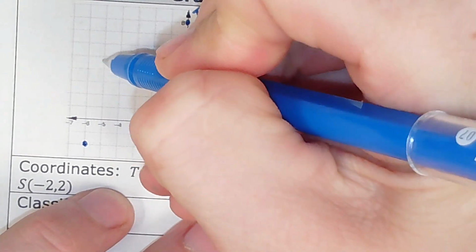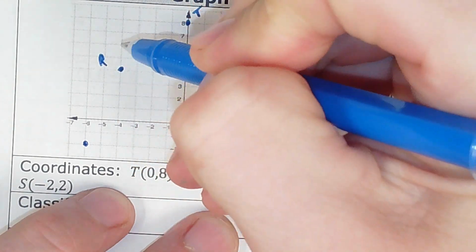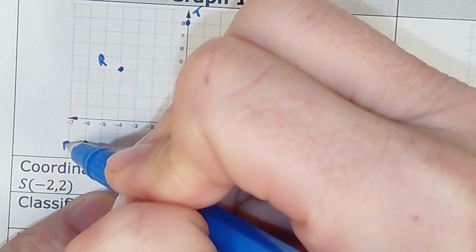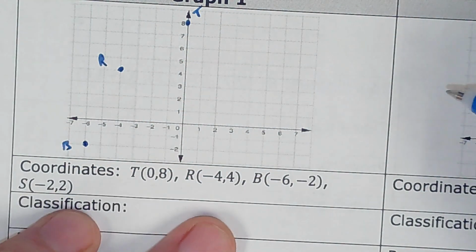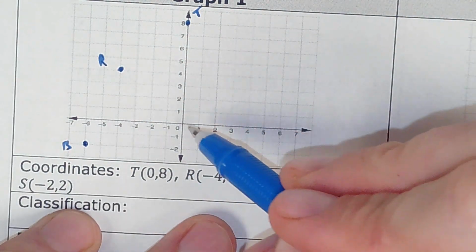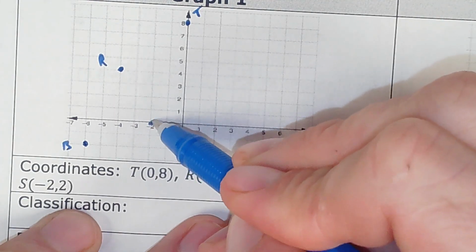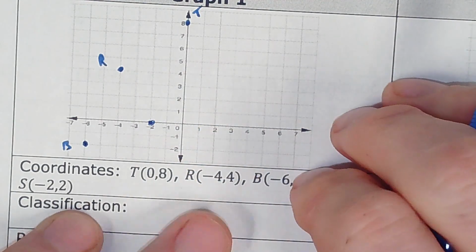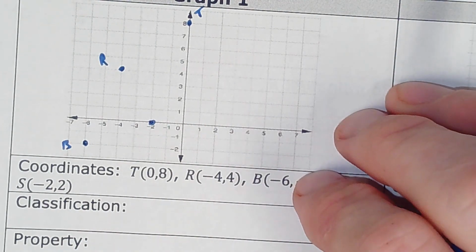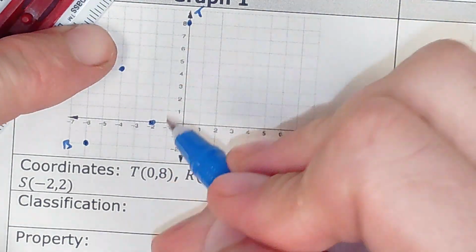This is point B. And then we have point S, which is (-2, 2). All right, so that's us plotting those points.